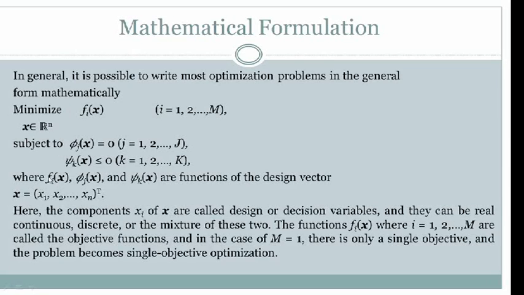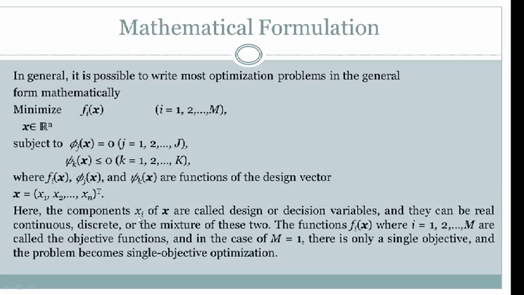Here f_i(x) is the objective function, and phi_j(x) and psi_k(x) are called constraints.